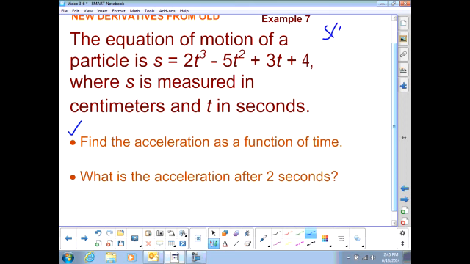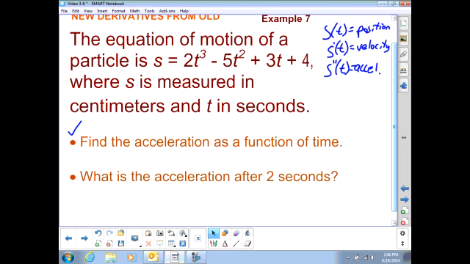Well, we talked the other day that S of t was our position. S prime of t, our first derivative, would be our velocity. And our second derivative, S double prime of t, is our acceleration.